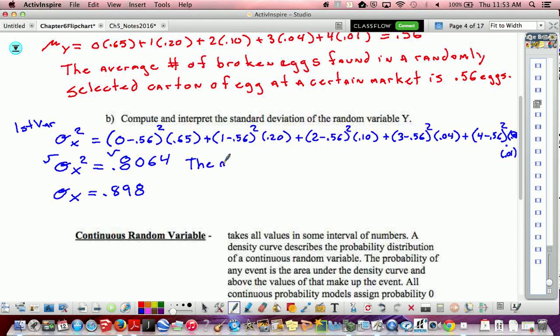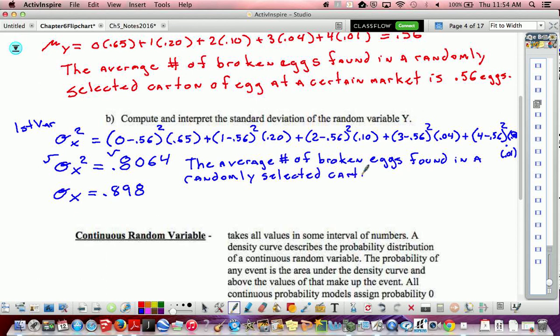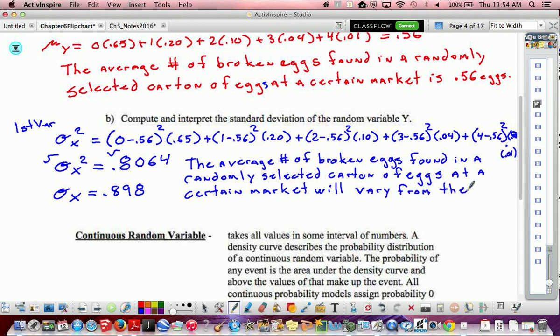The standard deviation means the number of broken eggs found in a randomly selected carton of eggs at a certain market will vary from the mean by 0.898 eggs. So almost 1 egg.